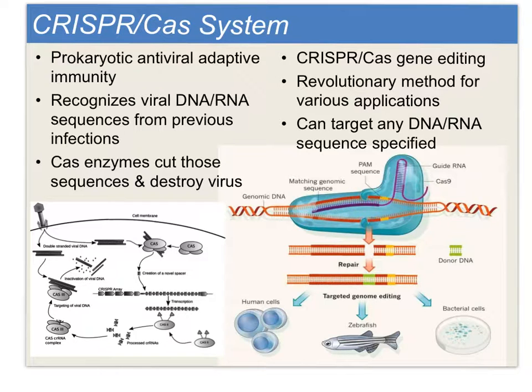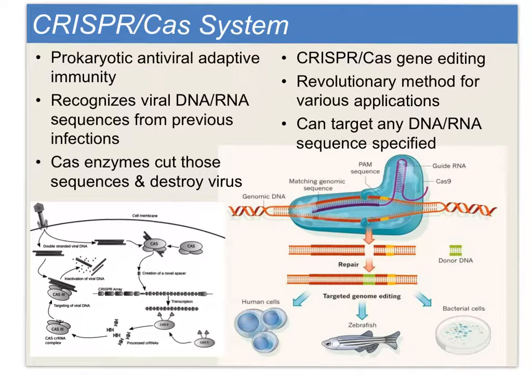It turns out we can actually modify this and then use it to insert genes or take out alleles in sequences a lot more easily. Before, it was a hit-and-miss sort of thing with transgenic animals and plants and everything. Well, now it can be very precise. So this is kind of what's going on now.